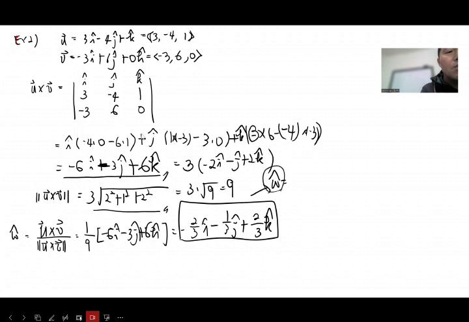Okay. So next one is, that is the example to understand how the cross product works in three-dimensional space. And we want to actually expand the idea with three different vectors. So if you combine the dot product with the cross product, that produces a three-dimensional object out of three different vectors.